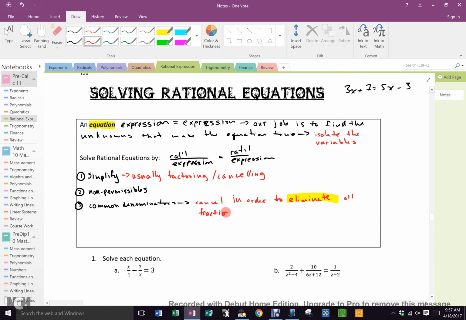Step 3 should be where your fractions disappear. Okay? Step 4, we use regular algebra. We use regular algebra because our fractions are gone.